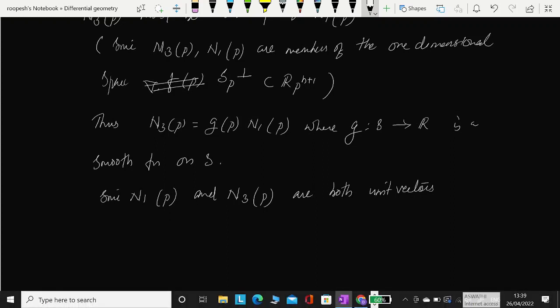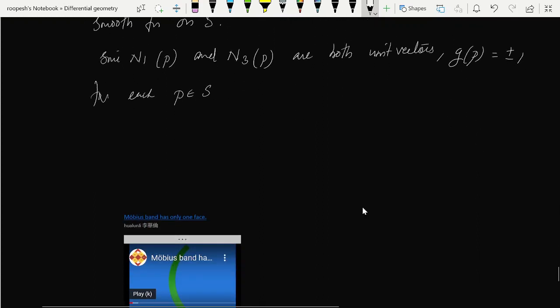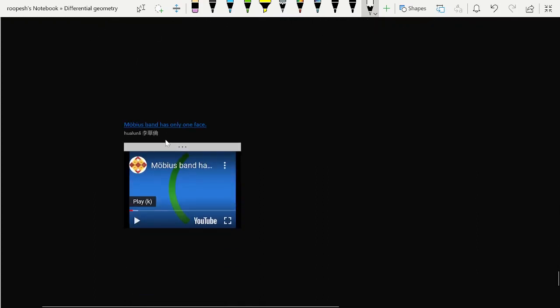Your g of p should be plus or minus 1 for each p belongs to S. Now we will prove that this g of p is a constant one. So how to prove it?